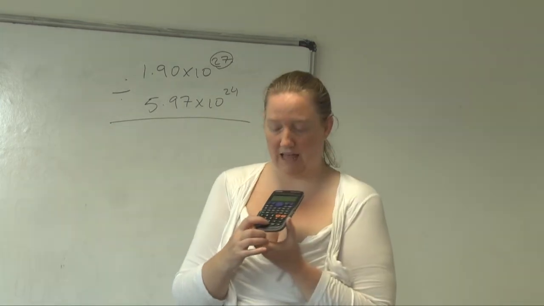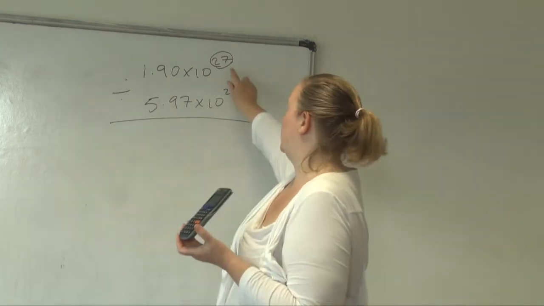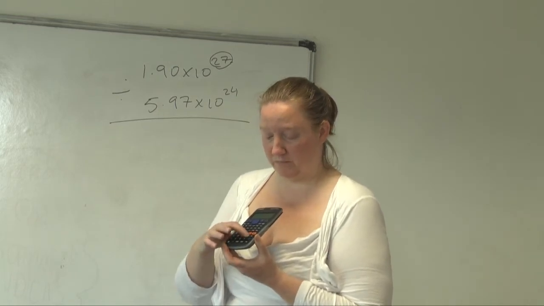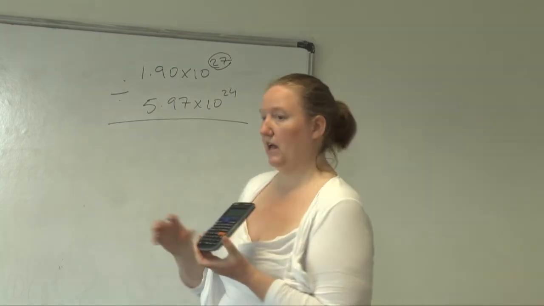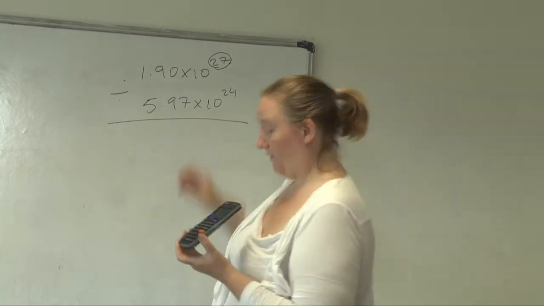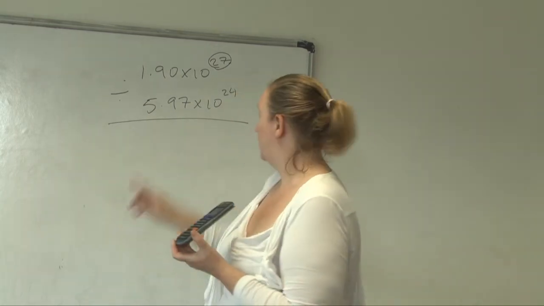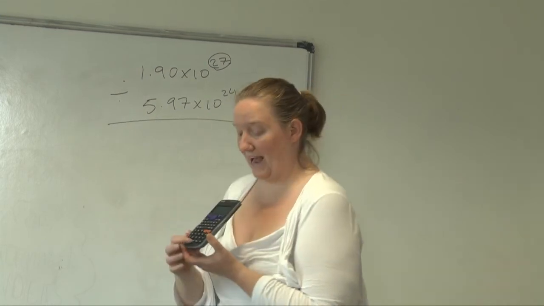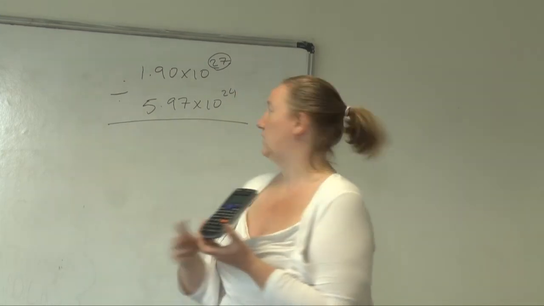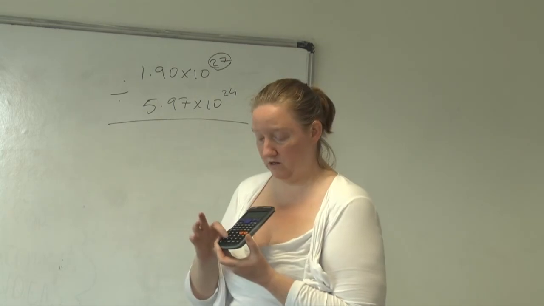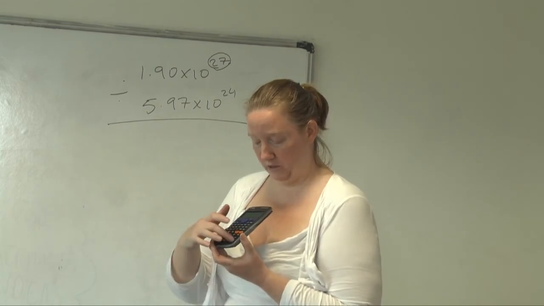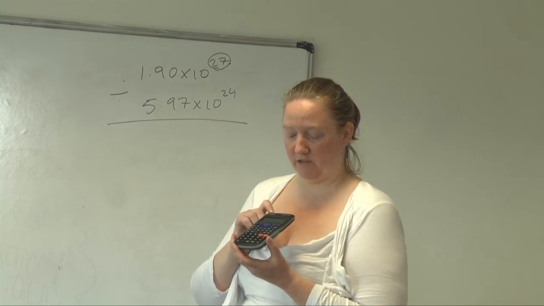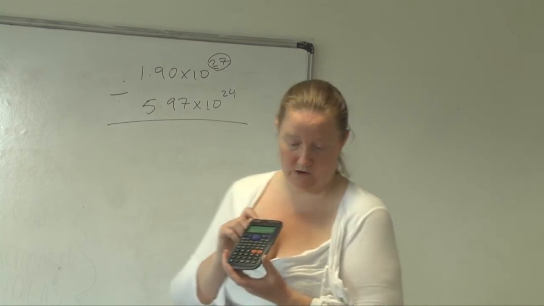Press that, and then put in your 27, divided by, and then you put in 5.97, again this X10^x button at the end, and your 24, and press equals, and you should get 318.2579564.